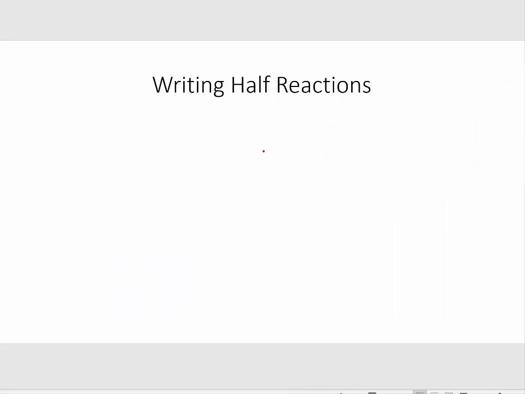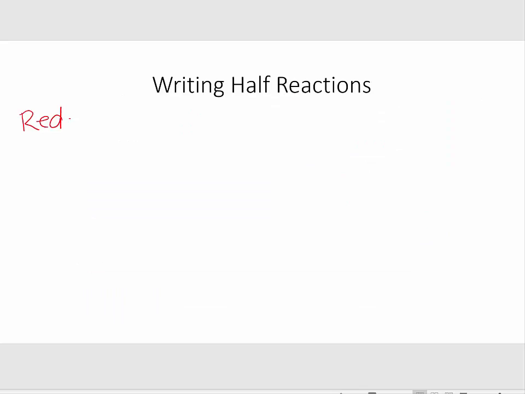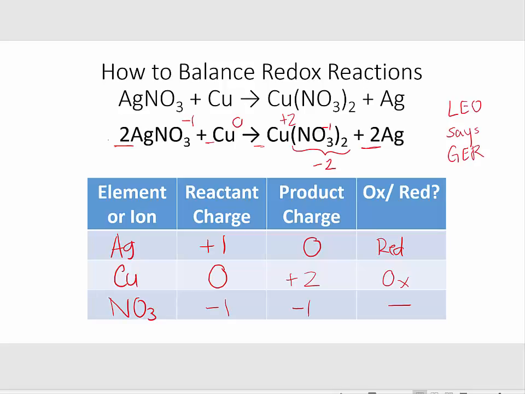So I'm going to start with my reduction half reaction. Which one got reduced? Silver got reduced, right? Silver got reduced. So we'll go back and look at our equation and figure out what coefficients does silver have on each side. Well, silver on the left-hand side had a 2, but its charge was +1.